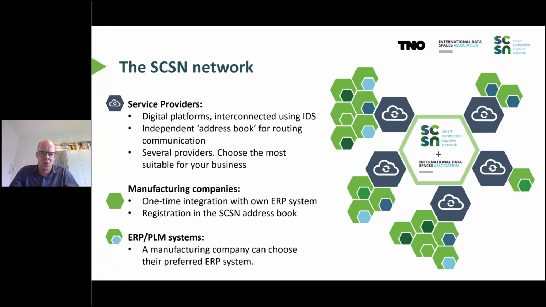And as a manufacturing company, what you need to do is go to one of those service providers, ask them to set up the required connectivity infrastructure for you. Maybe they need to make a link to an existing ERP system or an existing database. And from there, you can then communicate with everybody else who did the same, since all those service providers are very well interconnected. And they share the same technology, the same semantics, and all of that.